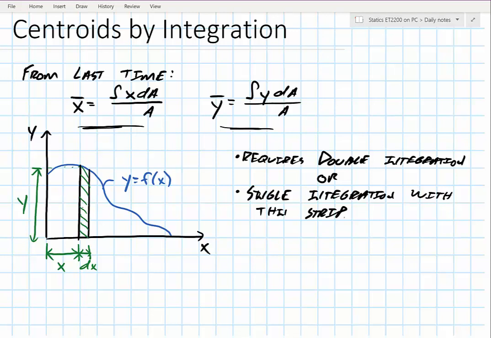That thin strip, of course, would have its own little centroid, so we'd have our own y bar. Now I'm going to put a little EL, meaning it's the centroid of just the element. And then also I'm going to have an x bar of that element.